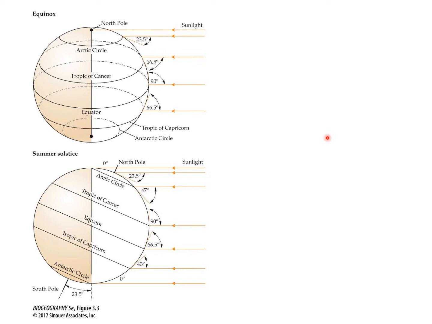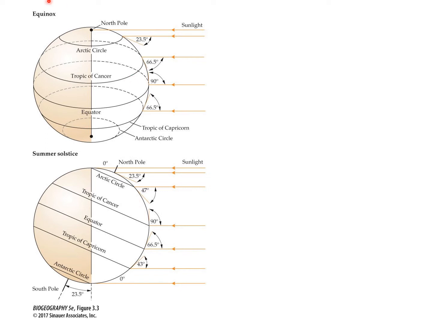Another thing related to solar radiation is the angle of the Earth. You're probably aware that the Earth is tilted on its axis, 23.5 degrees. That's basically creating the seasons in the northern and southern hemispheres, depending on which hemisphere is facing toward the sun.